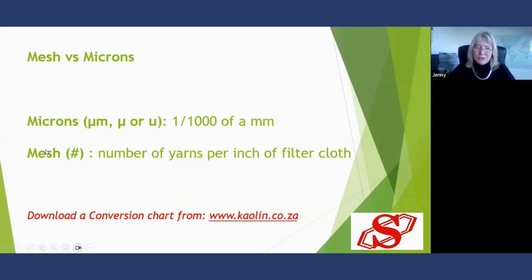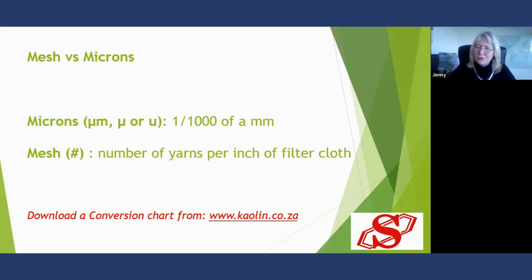And the definition of mesh is the number of yarns per inch of filter cloth. This was the old way of measuring particle size, where people wanted to know what size of particle would be held back by a certain mesh filter cloth. So the number of yarns per inch. Obviously, if there's lots of yarns in an inch, only very small particles will go through.